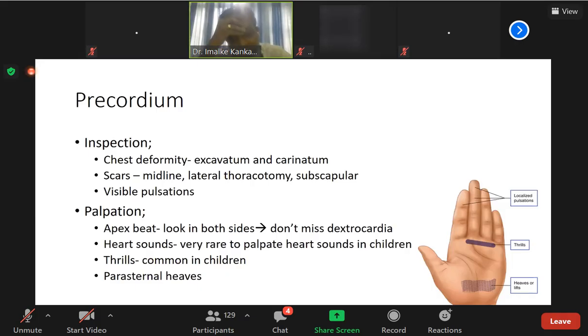Heart sounds are very rarely palpable in children. Don't come and say, I could palpate the second heart sound. I have never palpated it, right? Thrills, of course, are common in children. Parasternal heaves, yes, you can have parasternal heaves in tetralogy of Fallot, but this is palpation.